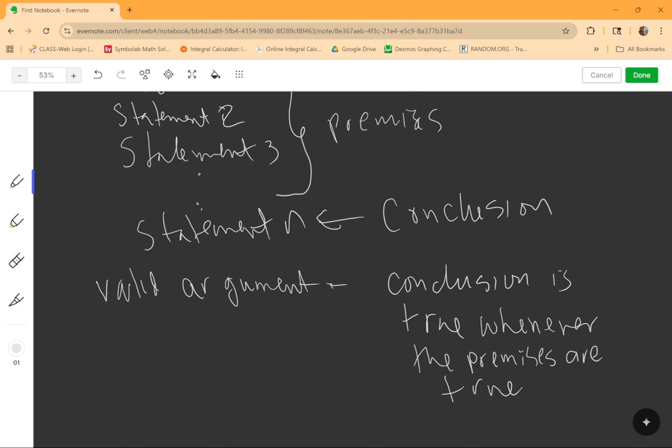So if the premises are true, the conclusion must be true, and this makes a valid argument.